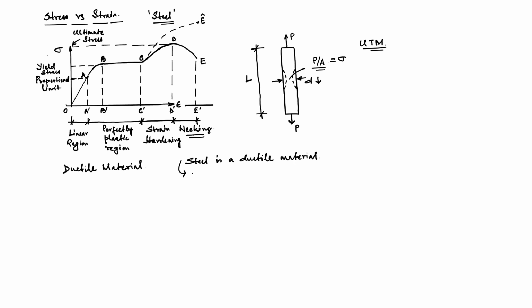It has basically iron plus some amount of carbon, a very small amount. Depending upon the proportion of carbon, the ductile property of this material varies. If we increase the amount of carbon, then this material will behave in a completely different way, and then we call it a brittle material.